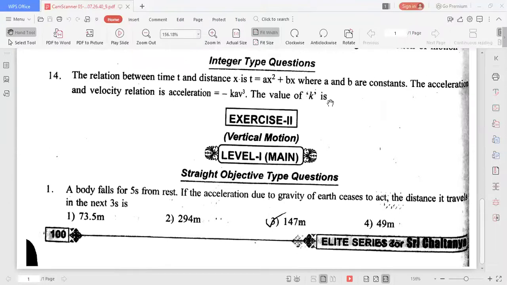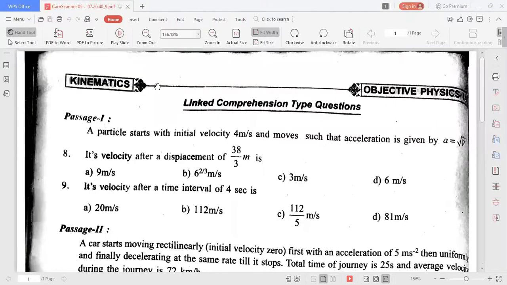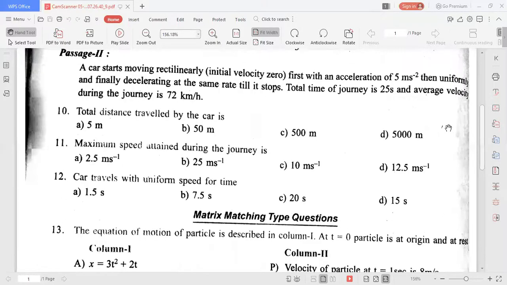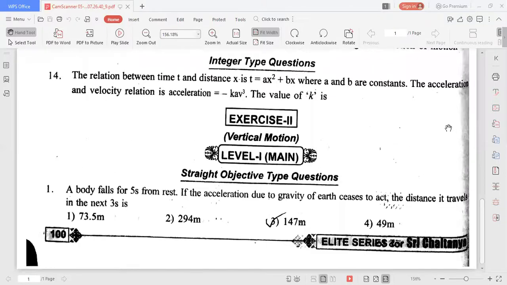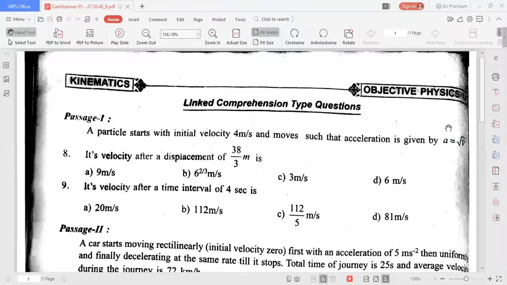Okay, some problems we'll discuss. I think the problems are not saved. One minute.